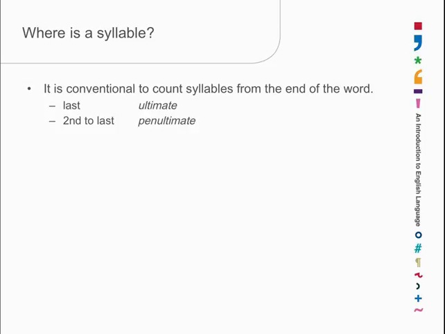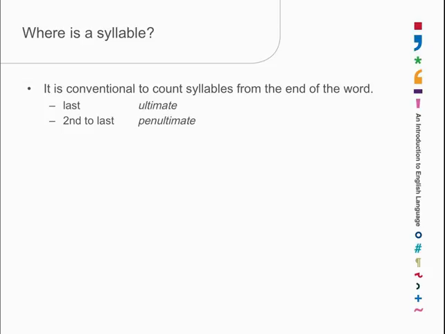The penultimate syllable is the place for the stress in some words and some languages. If you look at the Italian word for greasing a car, it's lubricazione, lubricazione. It's the last syllable.